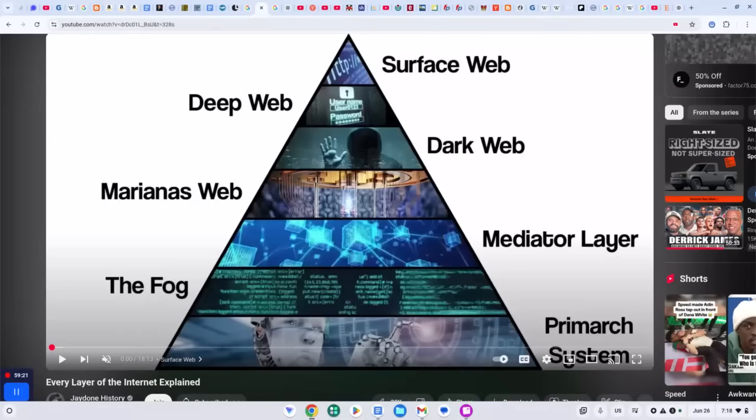So you're using the 10% surface web, you're in the highest heaven. You know what I mean? There's nowhere else up to go. If you look at it that way, you gotta flip this triangle upside down. You gotta create a Merkaba, really. Put a triangle in a triangle, one upside down, one right side up.